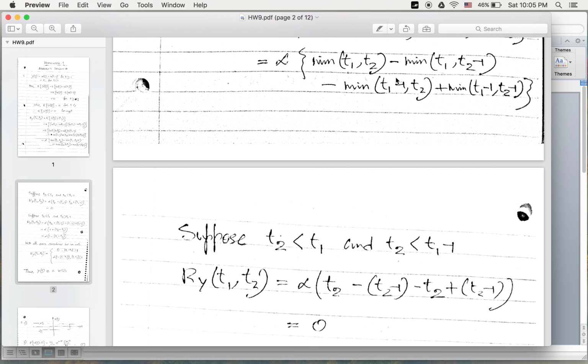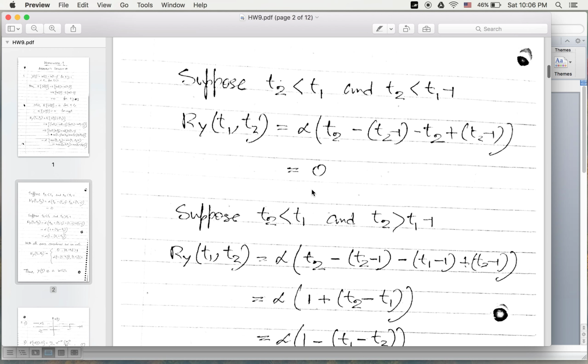For the third part t1 minus 1 comma t2, we see that t2 is less than t1 minus 1, so we have again t2. And for the last part t1 minus 1 comma t2 minus 1, as t2 minus 1 is less than t1 minus 1, this is again t2 minus 1. So everything cancels out, and we find that the autocorrelation of Y is 0 if t2 is less than t1 and t2 is also less than t1 minus 1.